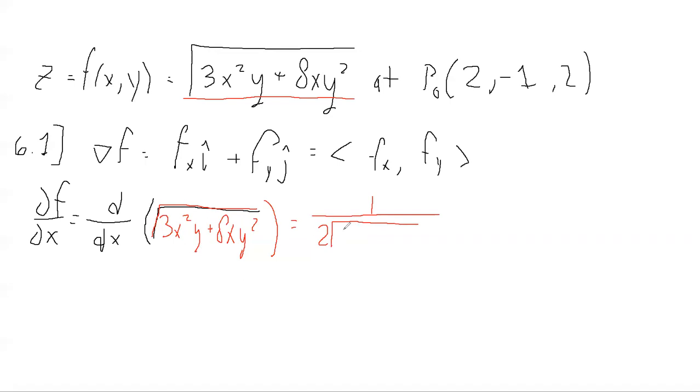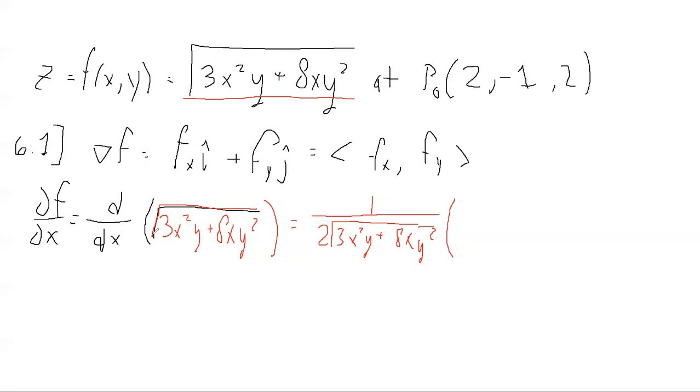So nothing changes. It's a chain rule process, so you take the square root part first: 1/2 times the square root of 3x squared y plus 8xy squared. That's the first part. And now we have to find the derivative within the square root, because that's how the chain rule works.